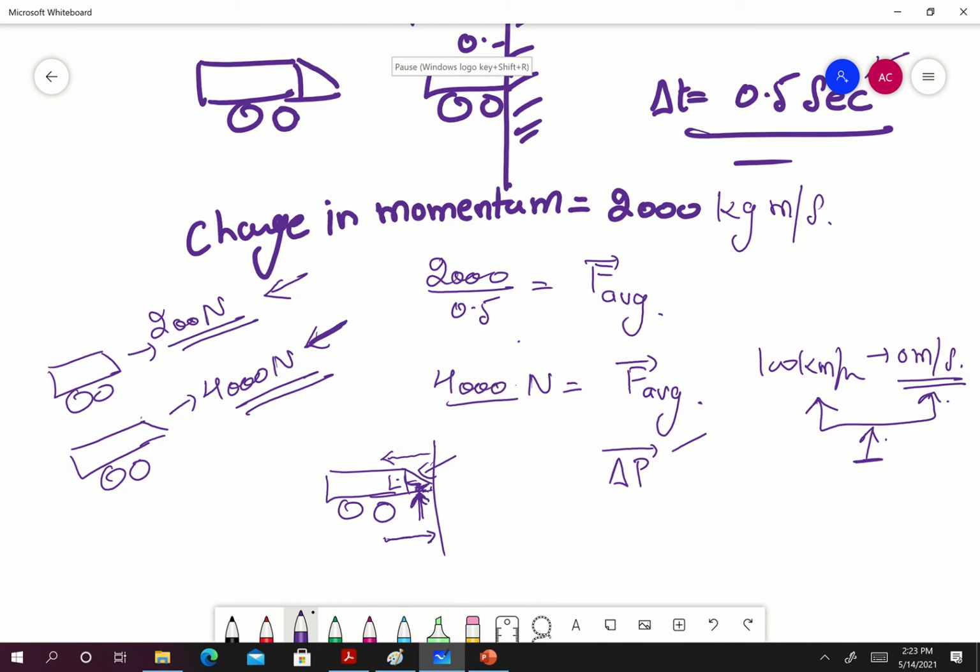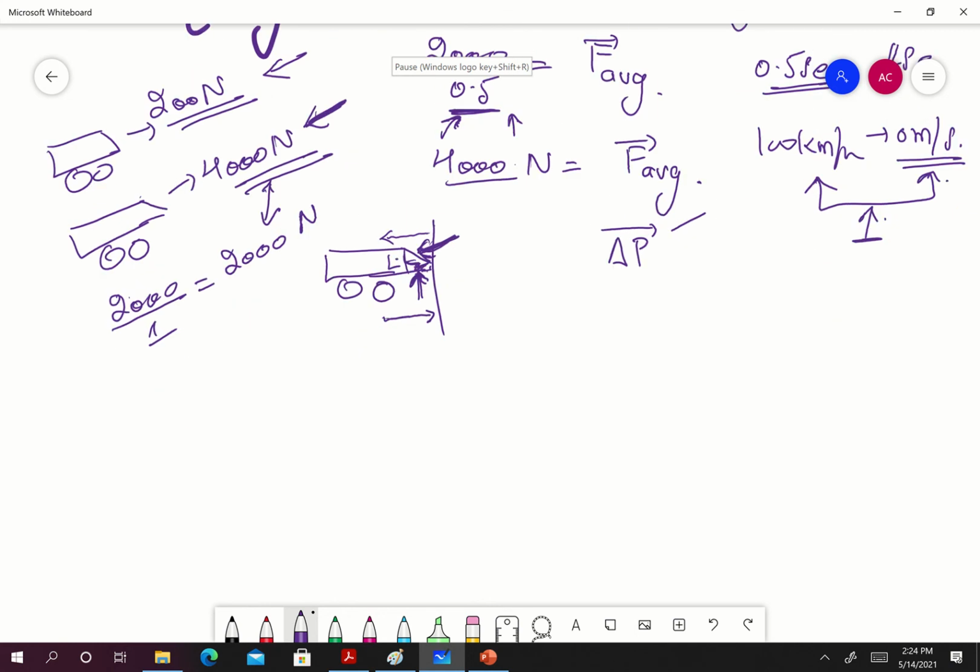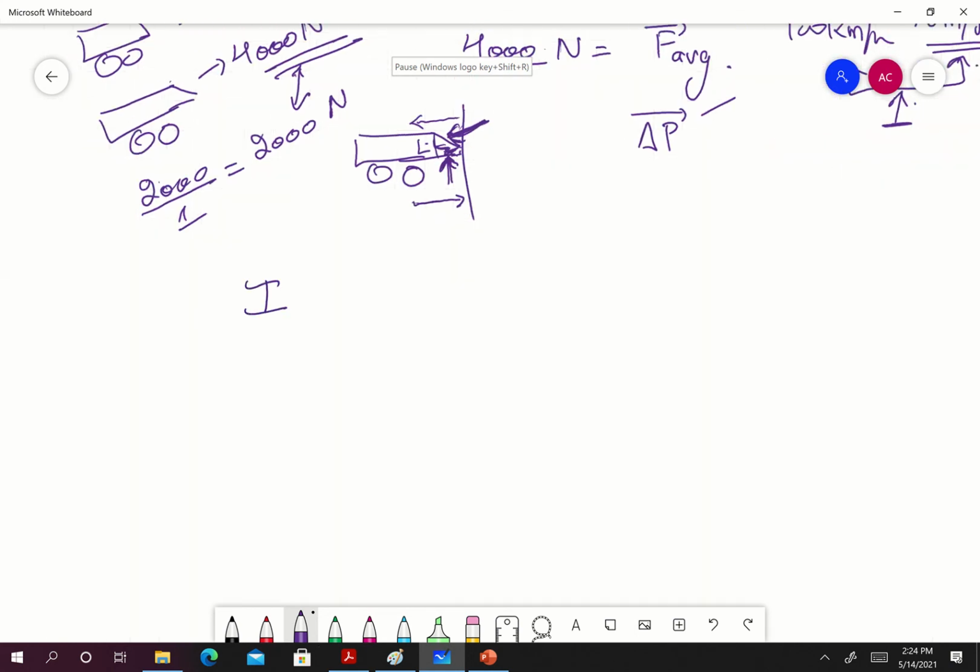So think about this: if the car came to rest in 0.5 seconds, and you increased it by only 0.5 seconds by making sure that the front portion crashes down and is not 100% rigid, so it becomes 1 second, the force felt will be 2000 divided by 1. So the driver will feel half the force by only increasing the time by half a second. So that's where impulse comes into the picture. Hopefully you were able to understand why impulse is so important in real life examples.